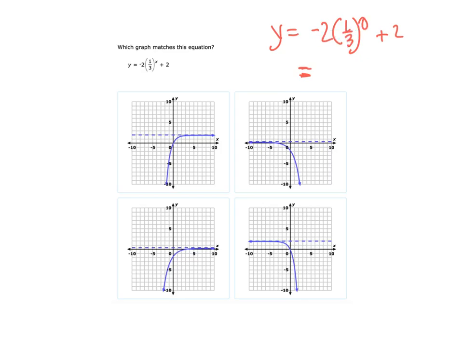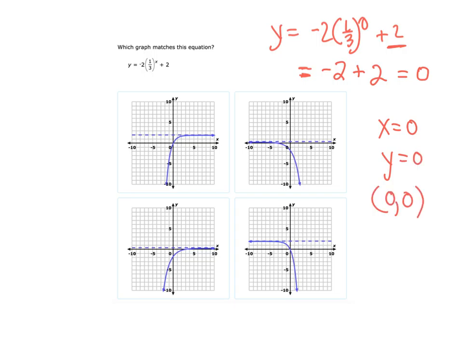So this is negative 2 times 1, which is negative 2. And now we've got this little plus 2 part over here, which means that when x is 0, y is also 0, which means it contains the ordered pair (0, 0), which means it passes through the origin. So that means these two are out.